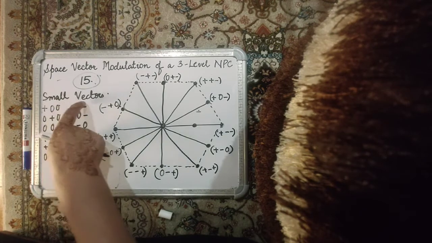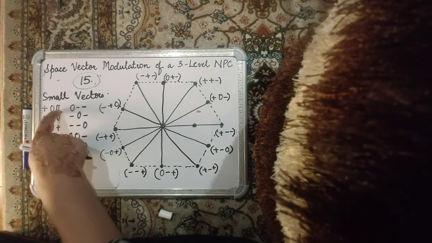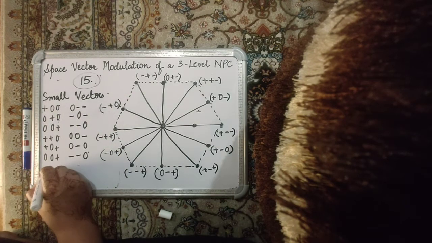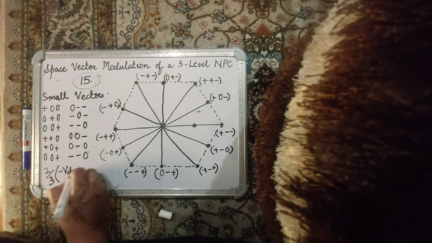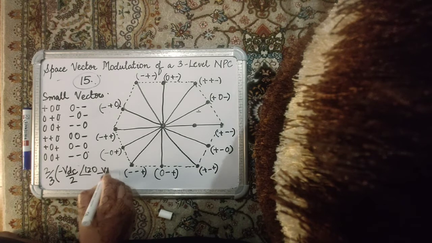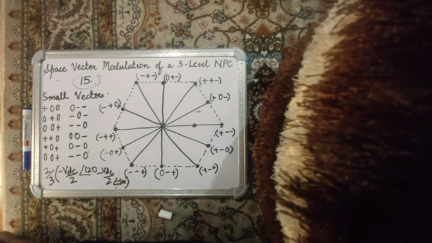Now let's check its complementary small vector. That means the plus becomes 0 and the zeros become minus. This particular vector will have 2 by 3 minus VDC by 2 at an angle of 120 minus VDC by 2 at an angle of minus 120. Let's solve for this.